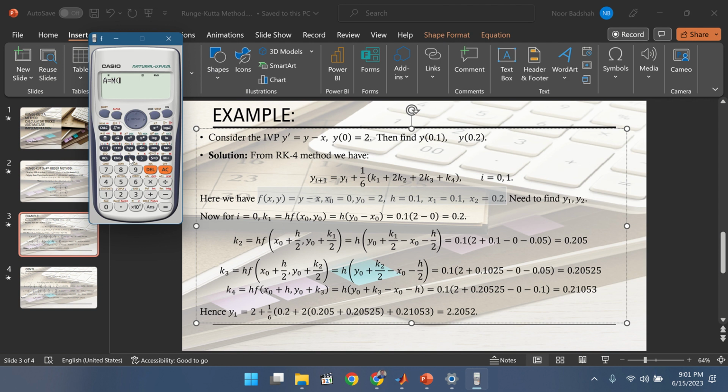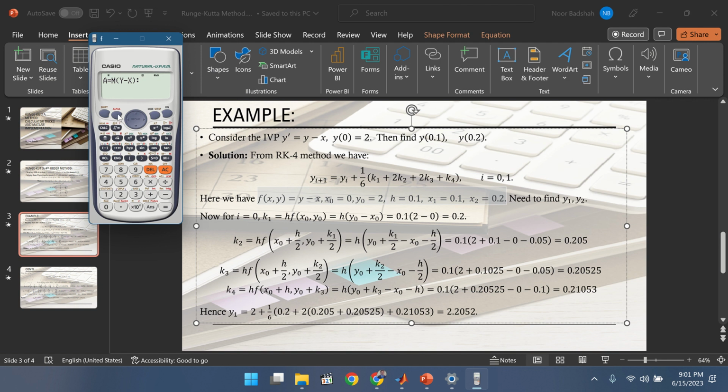So I'll simply use brackets and write y minus x. Sorry, it's my fault again. Shift and then my y here, then minus, I'll be using x then. So this is my k1, m into y minus x, because the function is y minus x. Okay, and then we take a colon here.